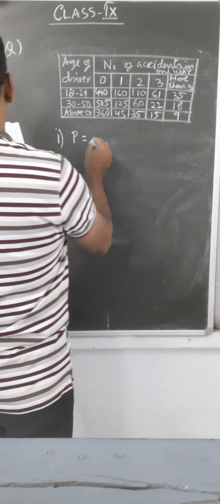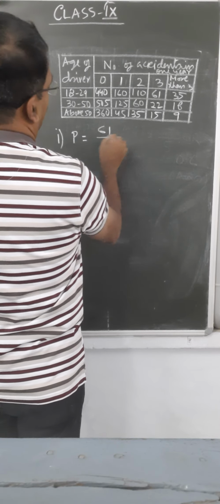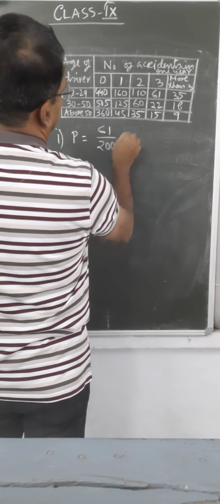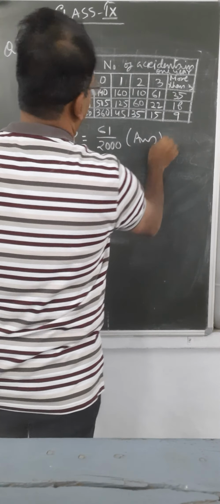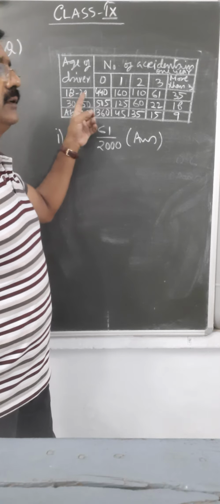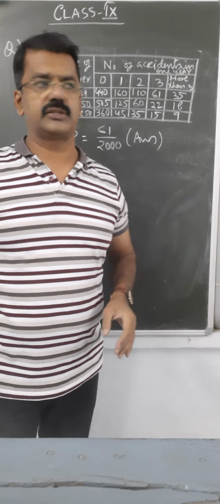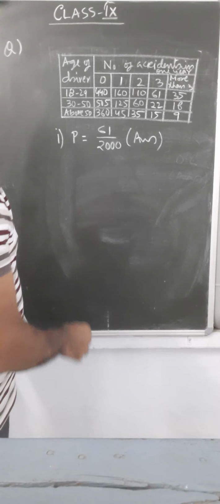The favorable outcomes is 61 and the total outcome is 2000. So 61 upon 2000 will be your answer.